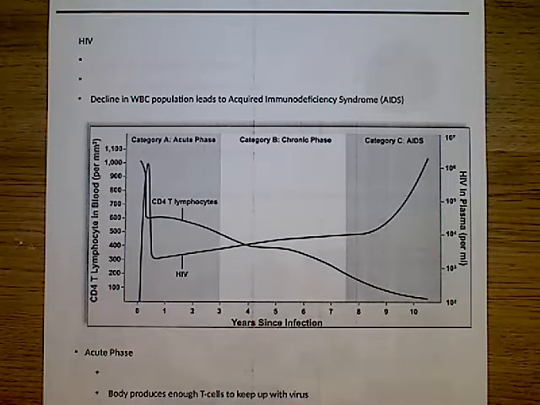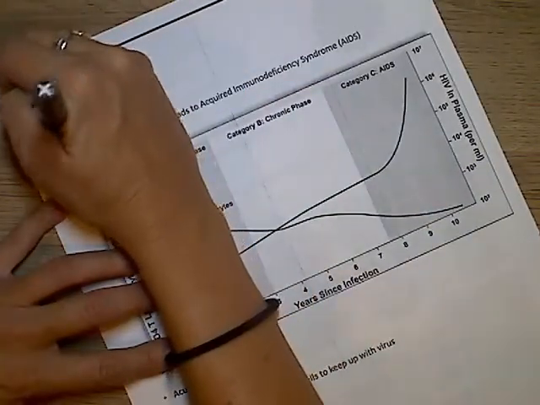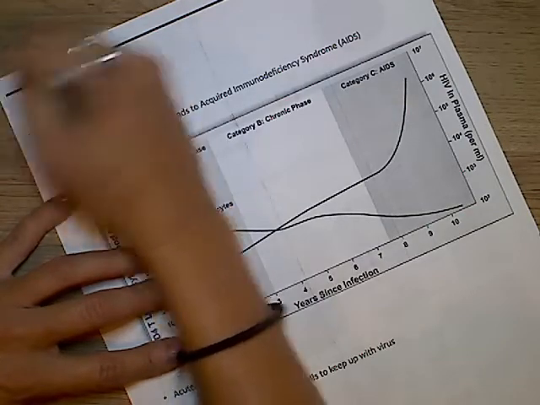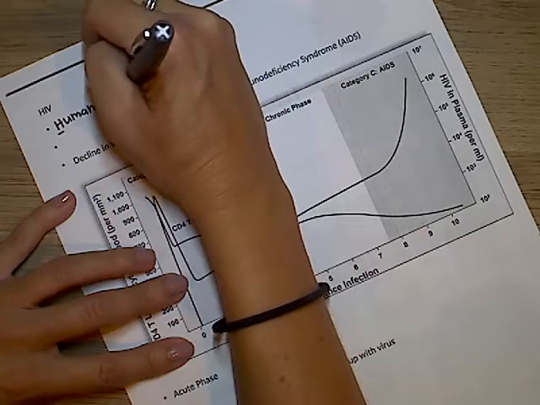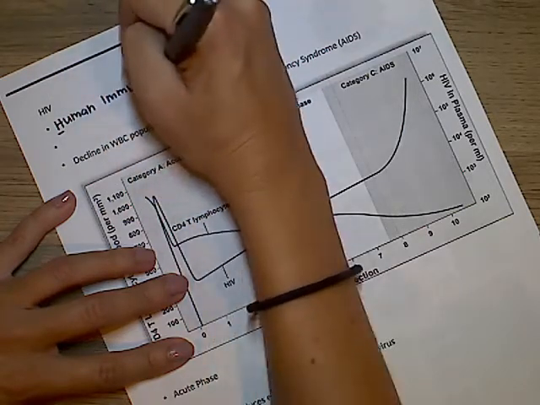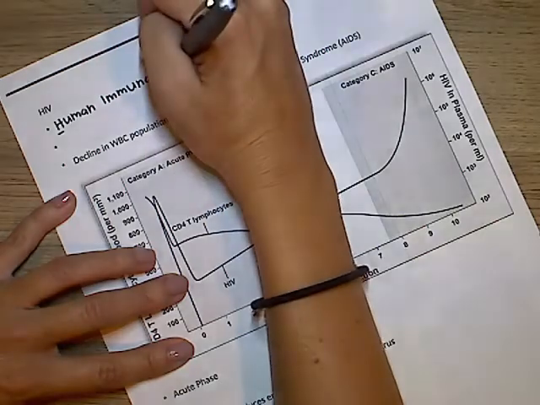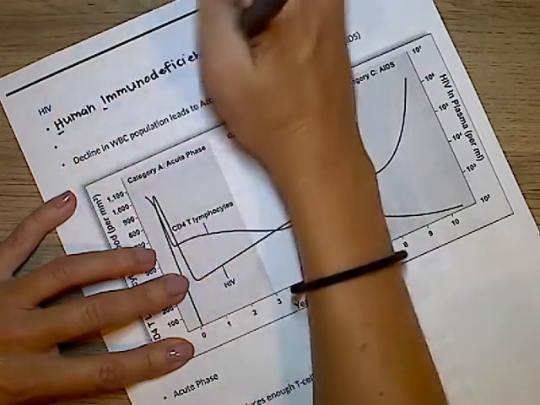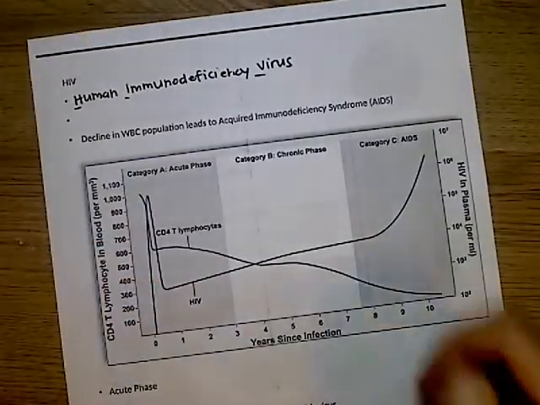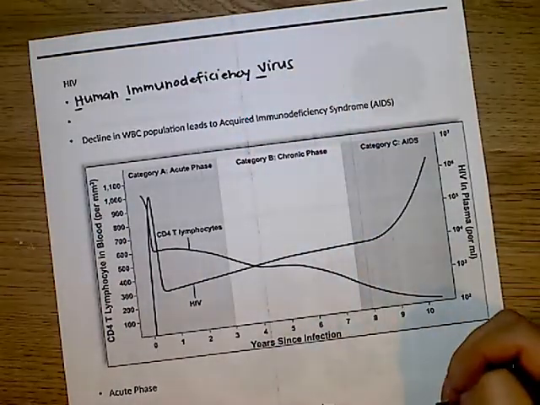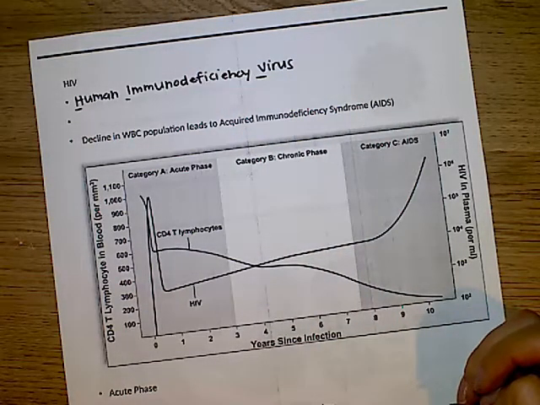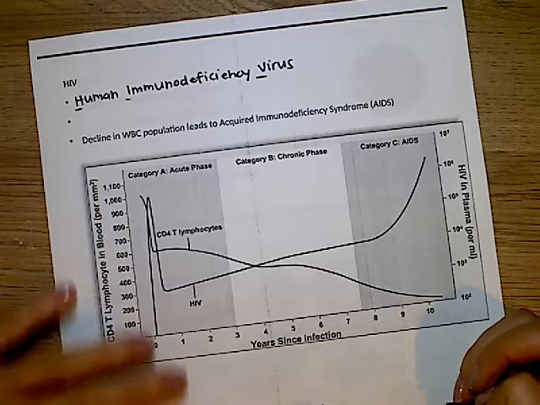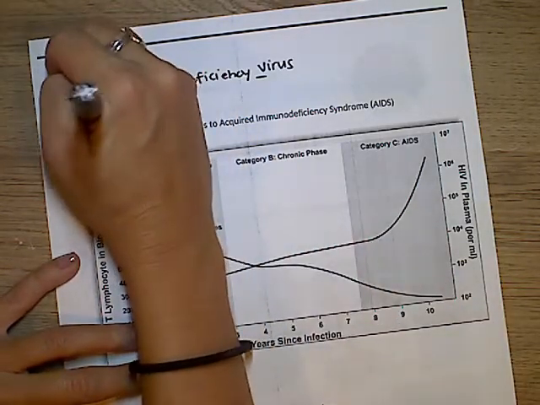And now let's look at HIV. HIV stands for Human Immunodeficiency Virus. And this is a virus that's going to infect the helper T cells.